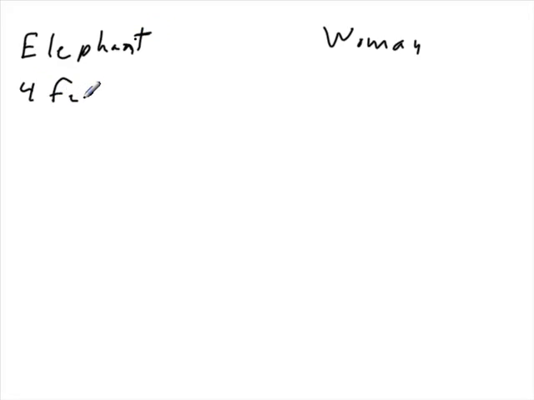All right, I want to work an example with pressure. So let's consider an elephant and a woman. Now this elephant's going to be standing on all four of its feet, four feet with about a 30 centimeter diameter.